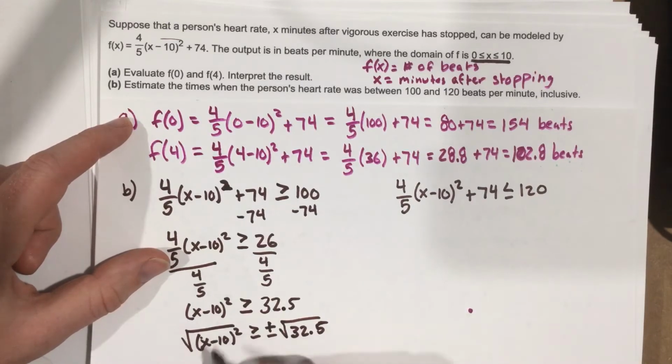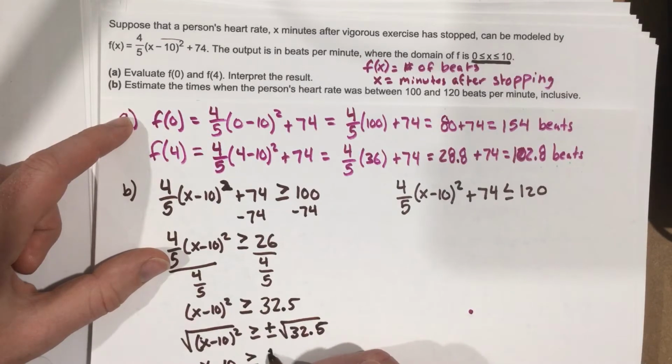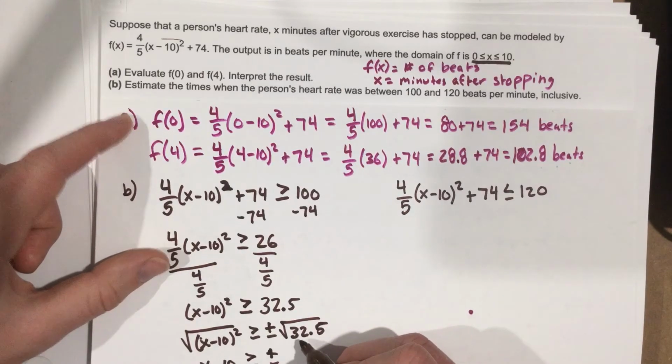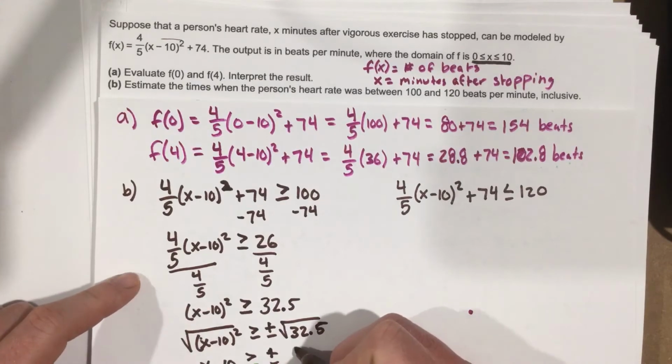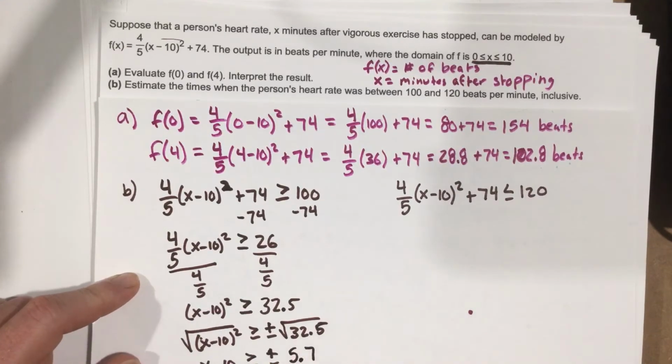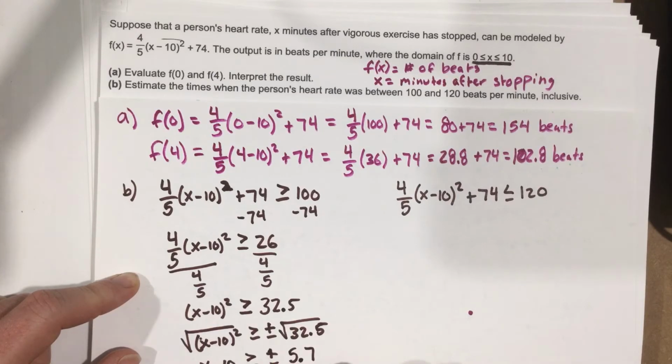First of all, the square root cancels the square, and we get x minus 10 greater than or equal to plus and minus root of 32.5, and we get 5.7. Now we're going to add the 10 over, and we get x has to be greater than or equal to 10 plus and minus 5.7.